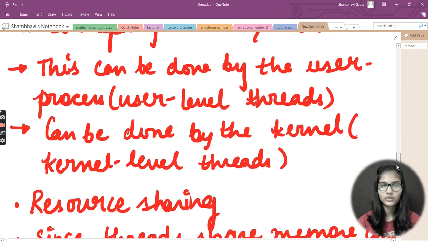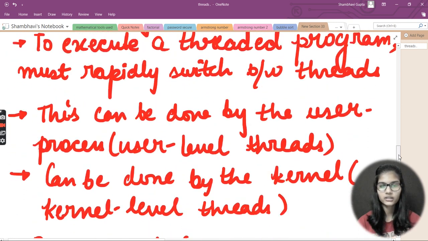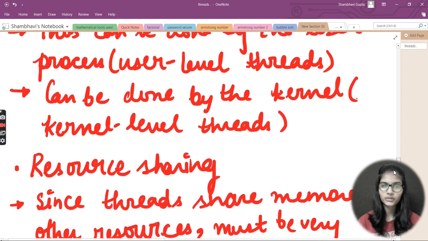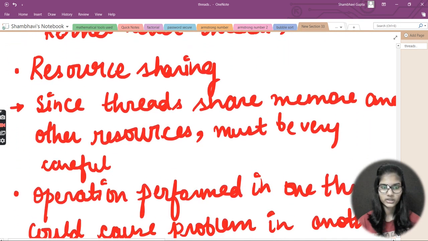This can be done by the user process or it can be done by the kernel level threads, right?